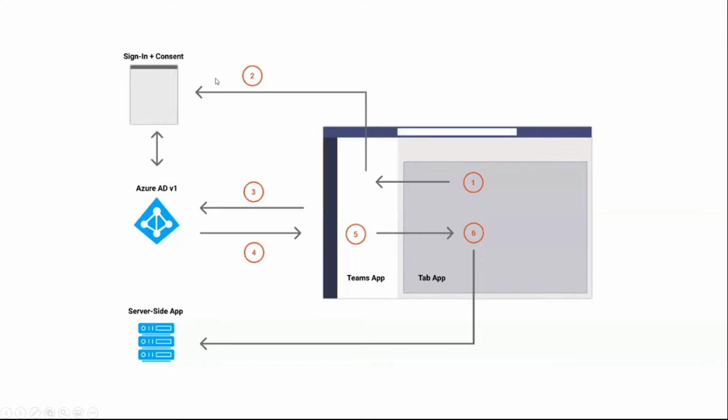Teams is then going to go and probably have to consent at first, right? So the user hasn't consented, and so that's going to be the first experience, is the user has to consent. Once the user's consented and the Tab app asks Teams app for a token, Teams is going to go just straight to Azure AD. It's going to get the token from Azure AD, return it back to Teams, and then we are going to pass that back to you.